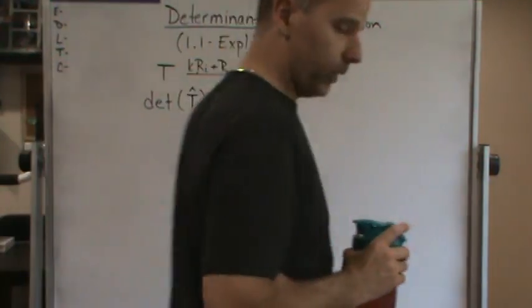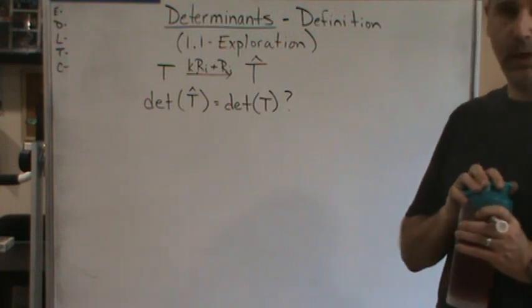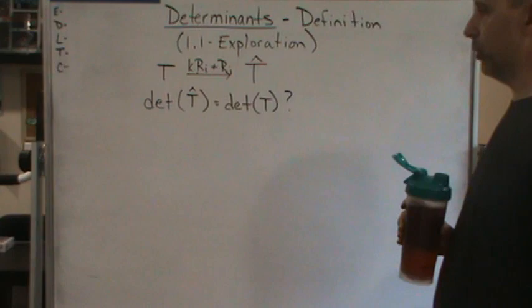All right, so now what we're going to do is investigate what's going on with 2x2 matrices and a 3x3 matrix when we do this row operation.